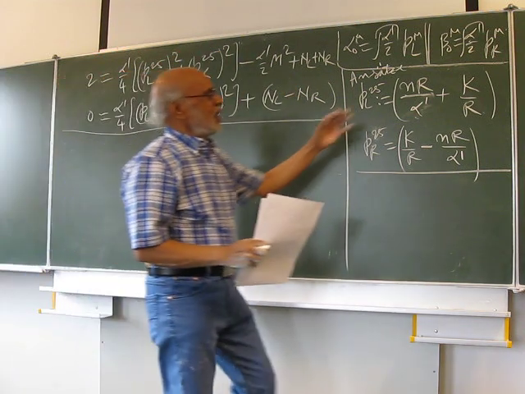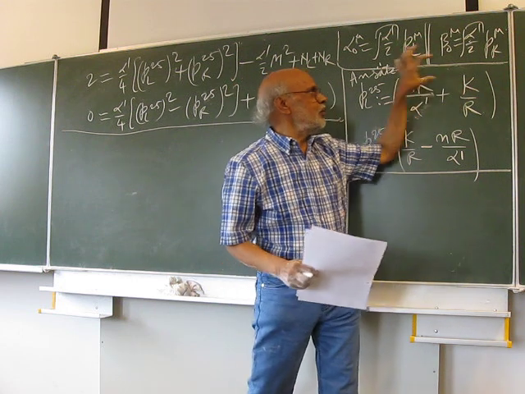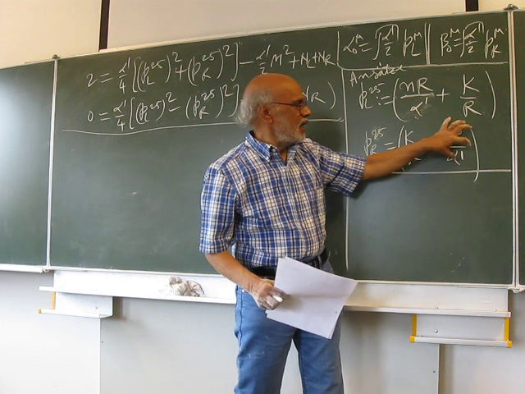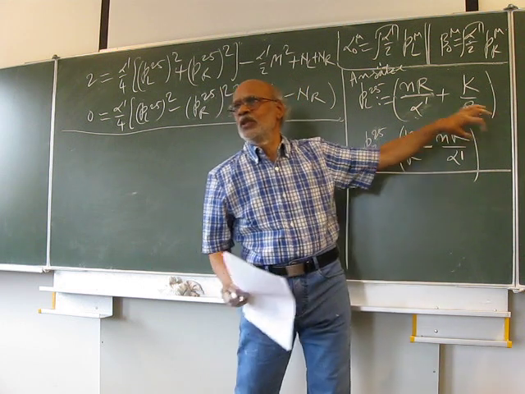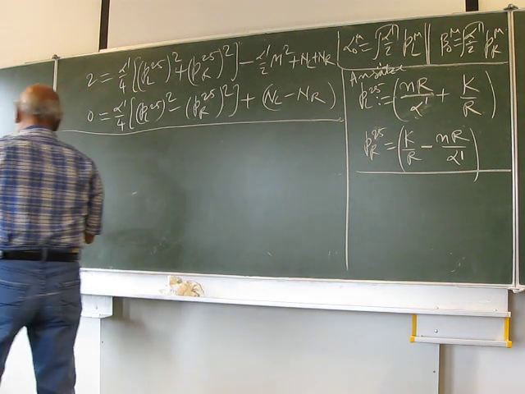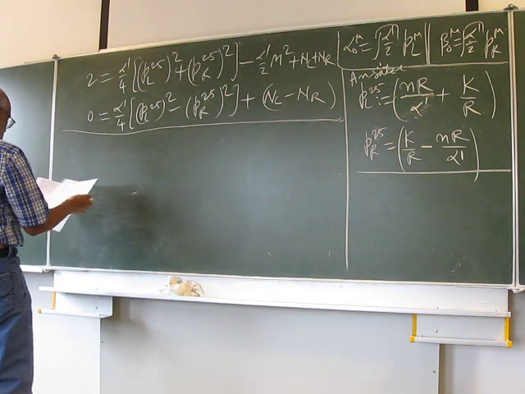So what I do, I take the square of them. So this square plus this square plus twice of this into this. Here this square plus this square minus twice of this into this. Okay, and I want to put them back.